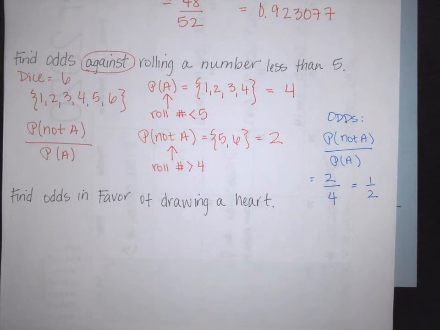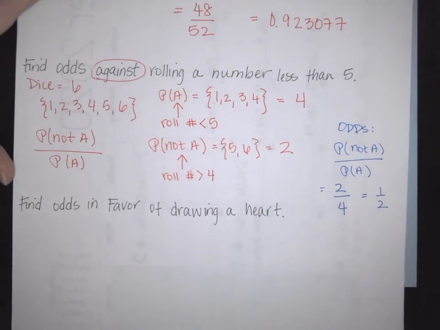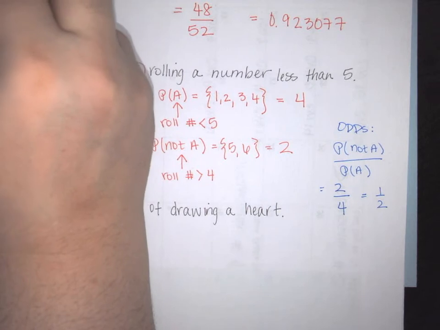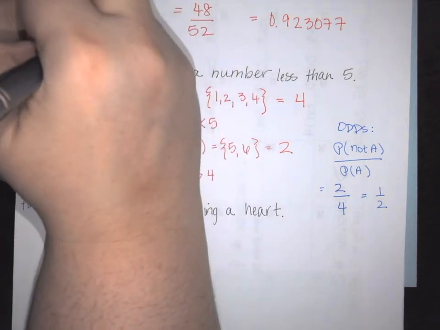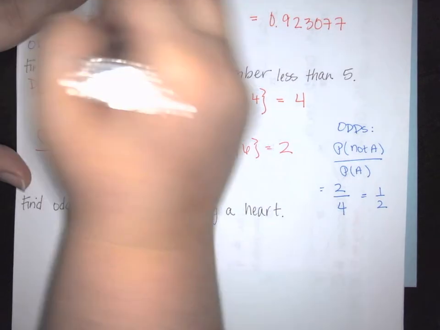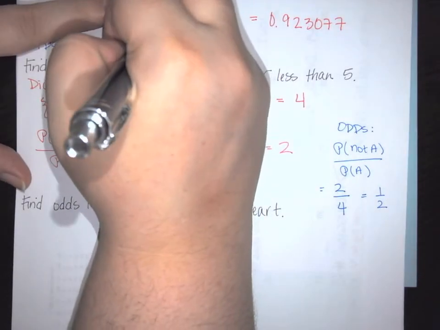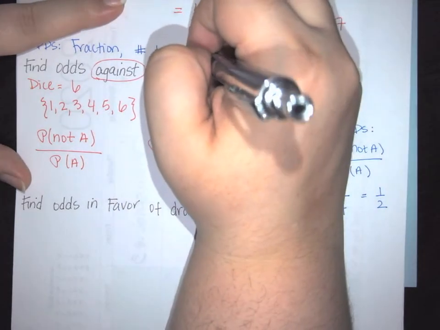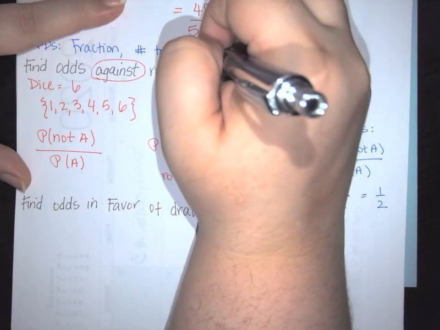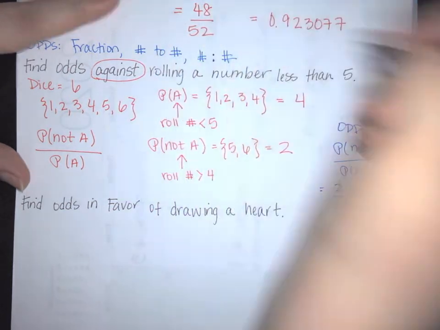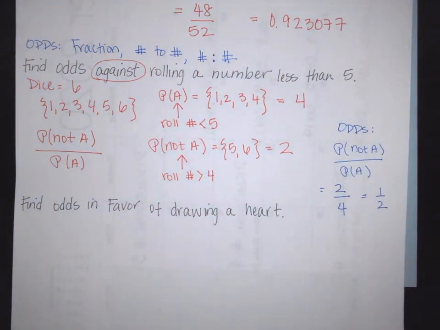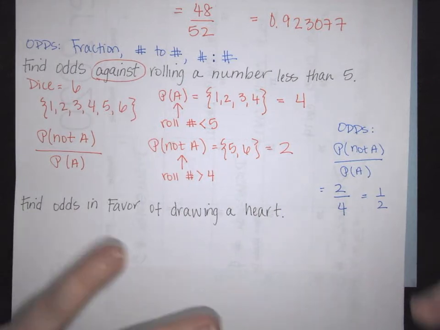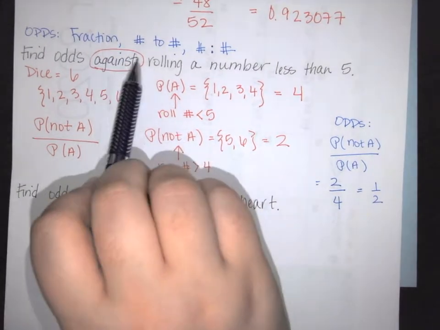Now, when we write odds, there's a few ways that you can do it. Okay, so writing odds, some things to keep in mind is that your odds can be shown as a fraction. They can be written as number to number, or they can be written as number with your little colon to number. Okay. Now, my personal favorite way to write them would be this middle way.